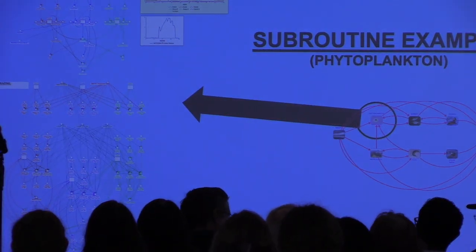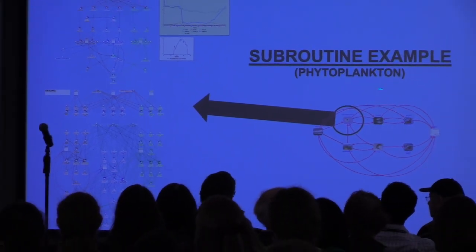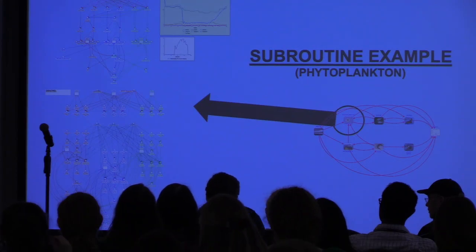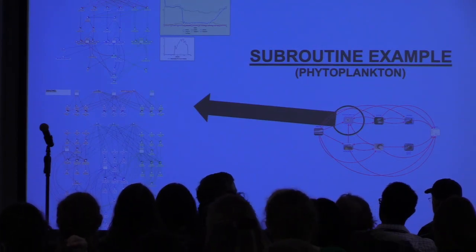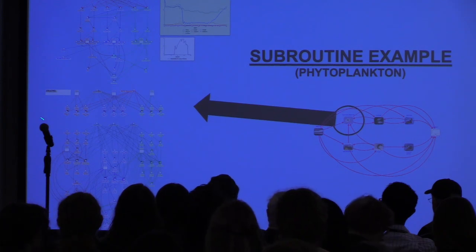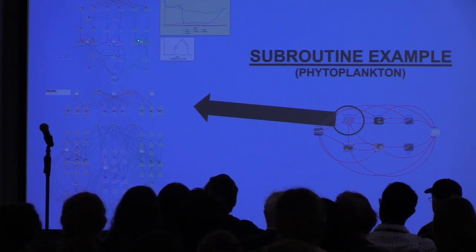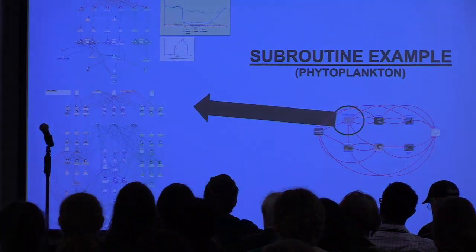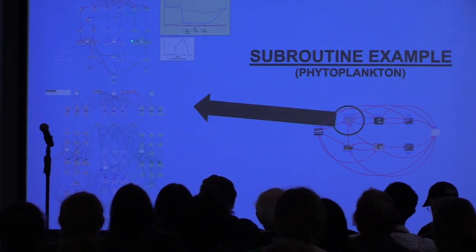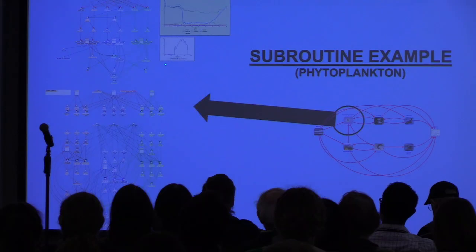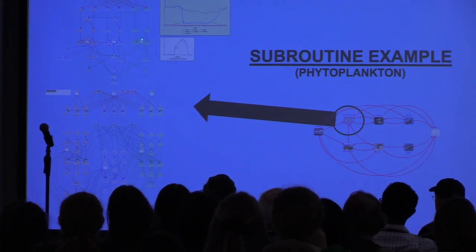All of these pictures that are here constitute a subroutine within the computer model. And this is the subroutine here for the phytoplankton in the pelagic section. Here is the growth of the phytoplankton. Green is the chlorophytes, the green algae.